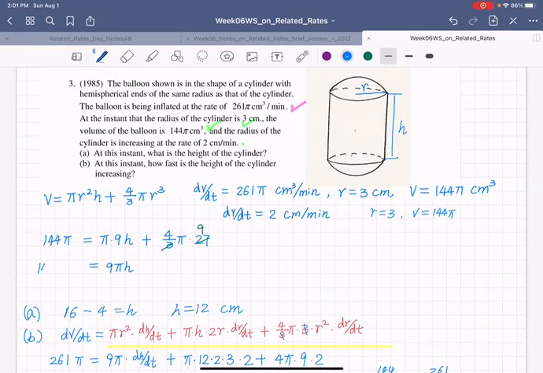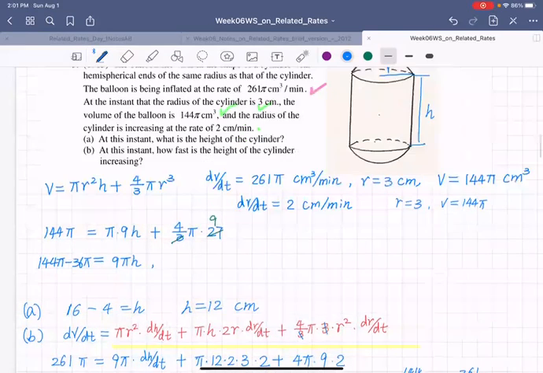We can move this to the other side, right? And everything has pi in it, so we can cut that as well.